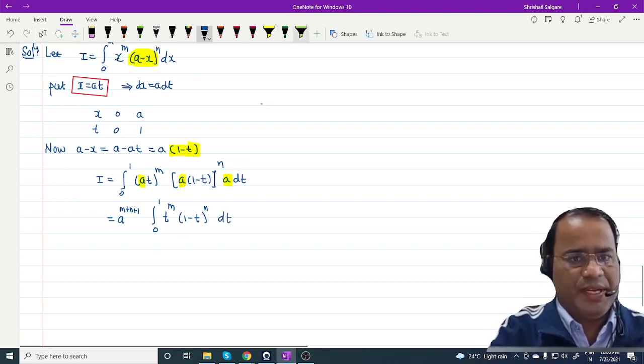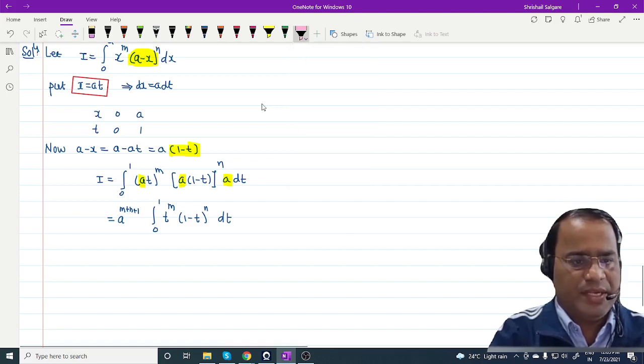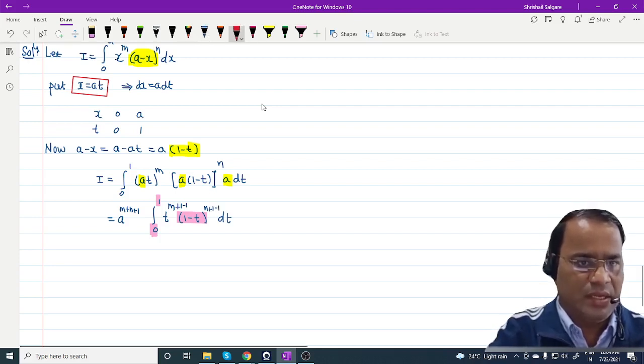Now for beta, what is my requirement? The limits from 0 to 1 and the kernel, that is there. So that's why it defines a beta function, and to write the parameter you have to make the adjustment. This can be written as m plus 1 minus 1, and this can be written as n plus 1 minus 1, and it defines beta of the first parameter m plus 1 and beta of the second parameter n plus 1.